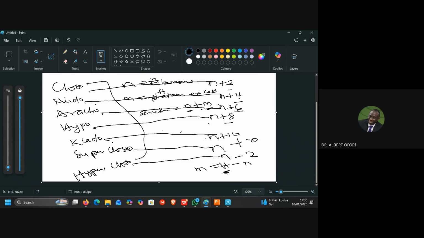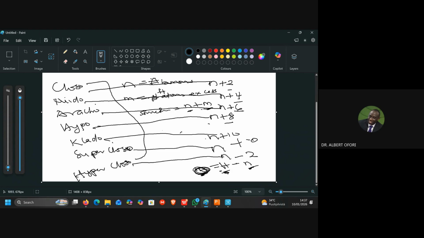Once I know the number of hydrogens, I can count them, including the positive or negative charge. If it is negative, add 1 hydrogen. If it is positive, take out 1 hydrogen. So I can know the number of hydrogens, then I know the number of borons, and I can know the excess hydrogen. Now, once I know the excess hydrogen, I can predict the shape of that compound.